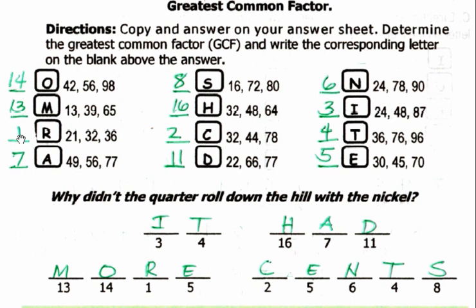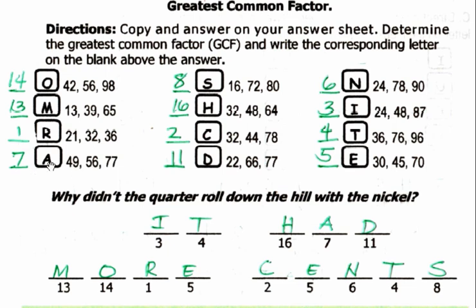So meaning 1 is the common factor, or the greatest common factor. So the 3 of these numbers are relatively prime with each other, meaning they don't have common factors except 1.